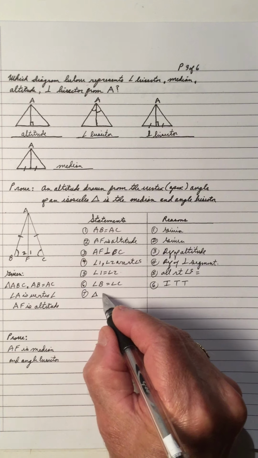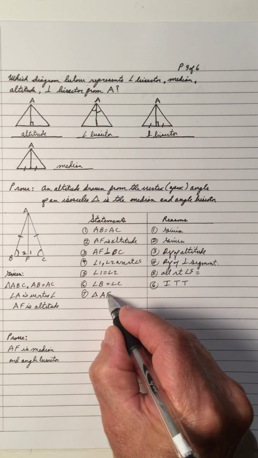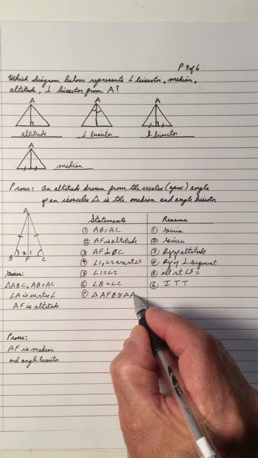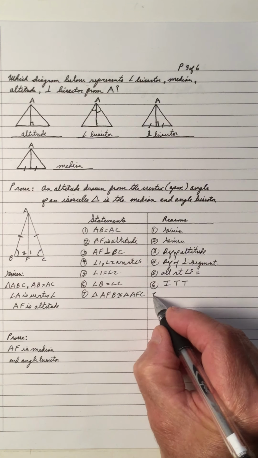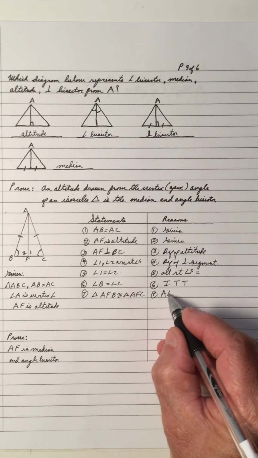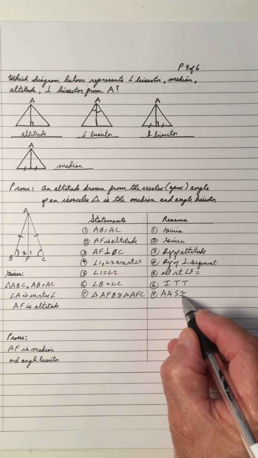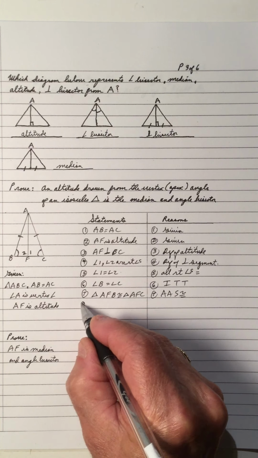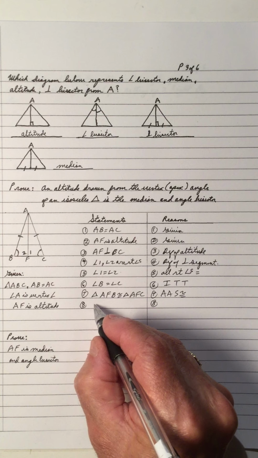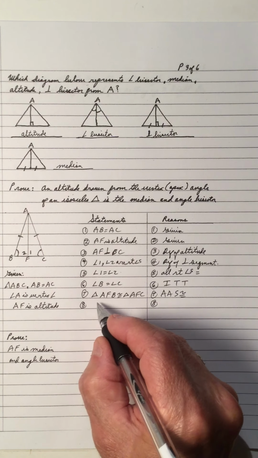So we have a pair of triangles, AFB congruent to triangle AFC, and it's AAS congruency.